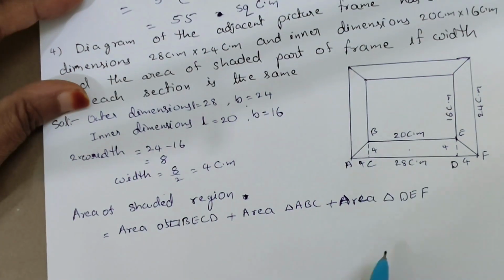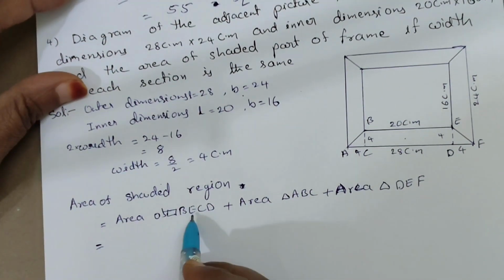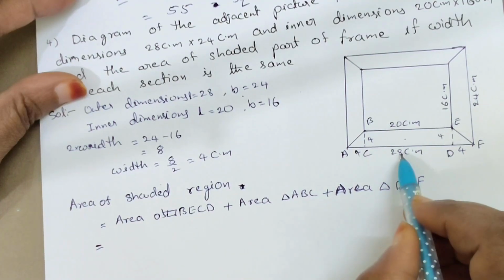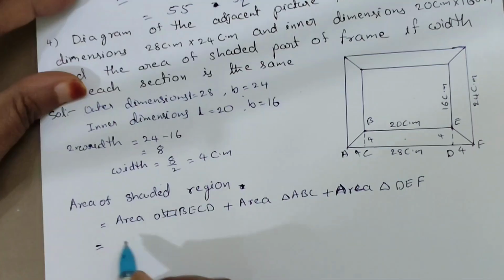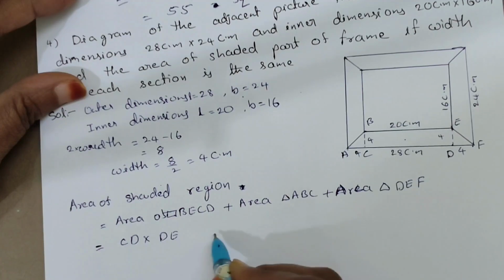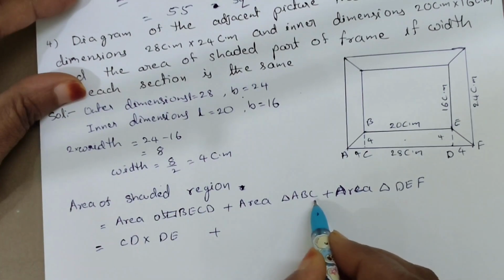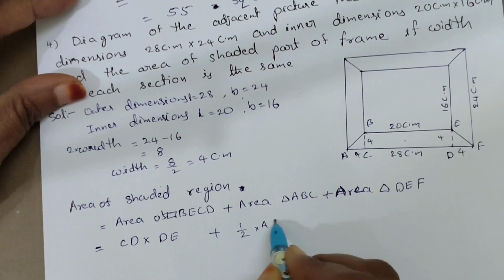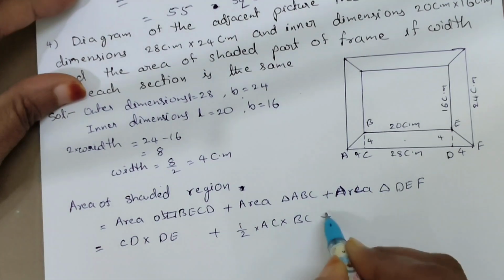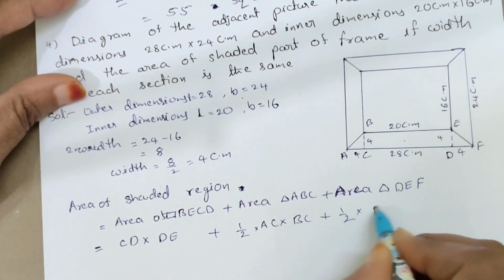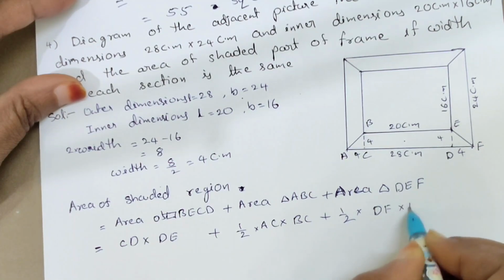These two triangles' area. Now the rectangle area, we know the length and breadth. So CD into DE, plus area of triangle ABC, that equals 1 by 2 into AC into BC, plus 1 by 2 into DF into DE.